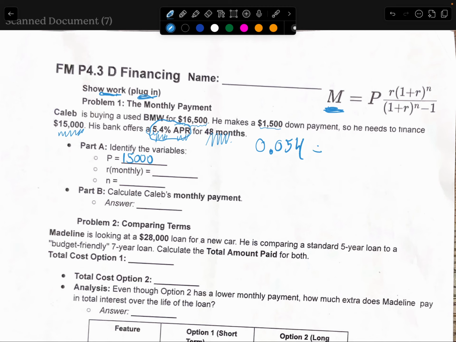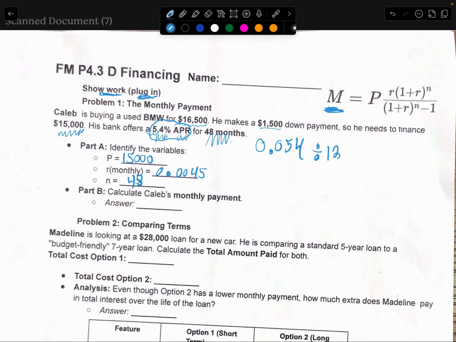And you divide that by 12, because there's 12 months in a year. So 0.054 divided by 12 is about 0.0045. That's the R, 0.0045. And we have 48 months.